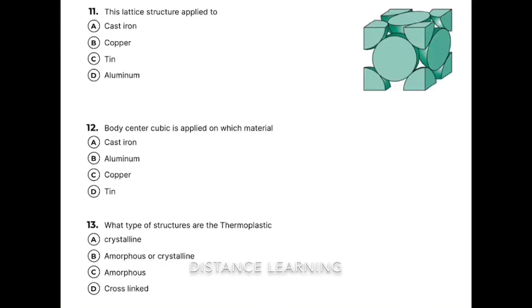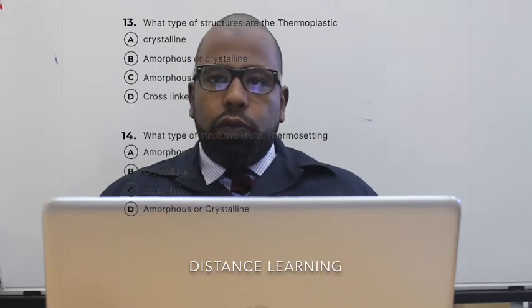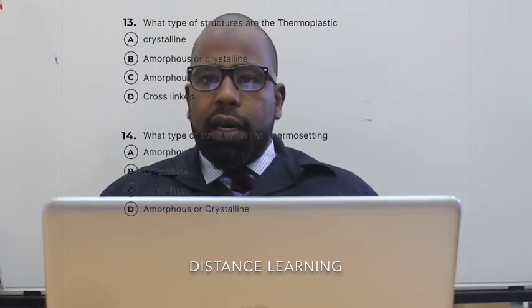Then talking about question number 12, of course it is mentioning all this and talking about the structures. What are the types of structures of thermoplastics? Thermoplastics fall into the two shapes of structures of general plastics, which are amorphous and crystalline. Thermoplastic takes both forms depending on the application.